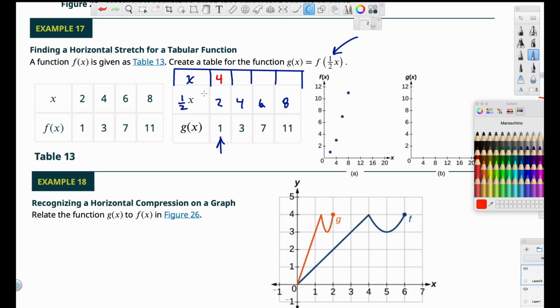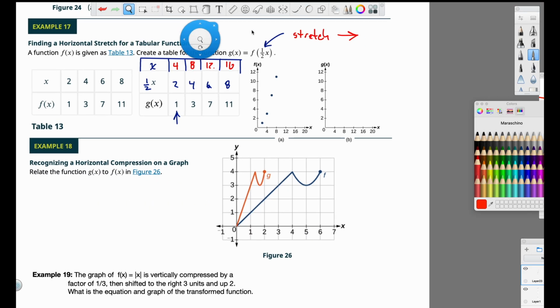Now, just think about this. This 1/2 is going to stretch horizontally. I'm going to have to push away from 0 here. So I'm going to have to double all of these in order to get these original inputs with the function. So in order to get 4, I've got to put 8 in there. 8 times 1/2 would be 4. 12 times 1/2 would be 6. 16 times 1/2 would be 8. And so if we come over here now, I'm going to put in 4, 1.